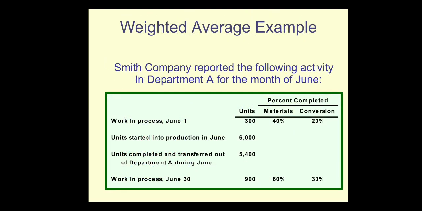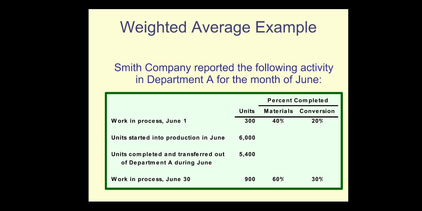See here, Smith Company reported the following activity in Department A for the month of June. Work in process on the 1st of June: 300 units, 40% complete in terms of material, 20% in terms of conversion.